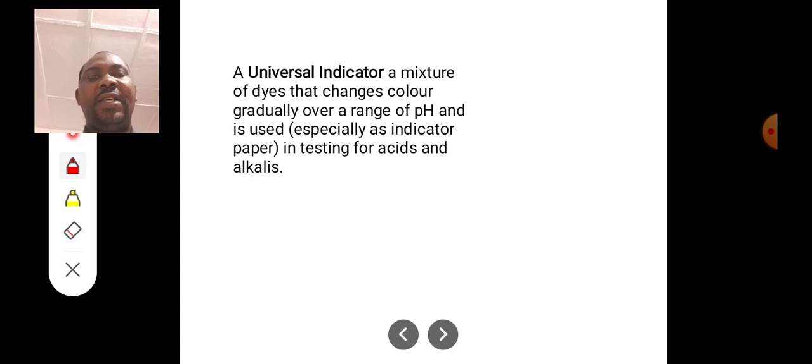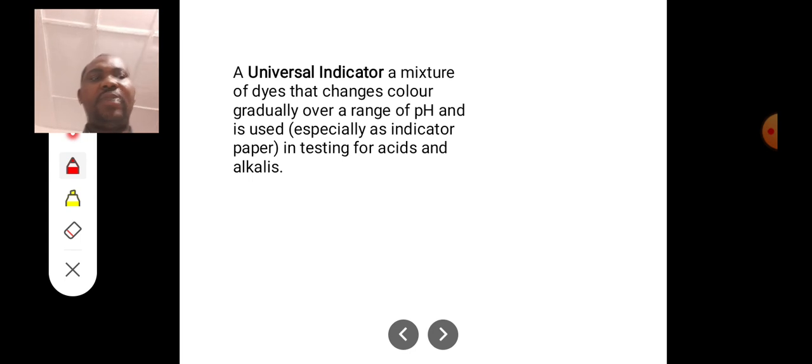So there is a color range. In this study, I'm not interested in showing you the range of color, but it can measure all ranges of pH, and the color just keeps changing depending on the pH of the solution.